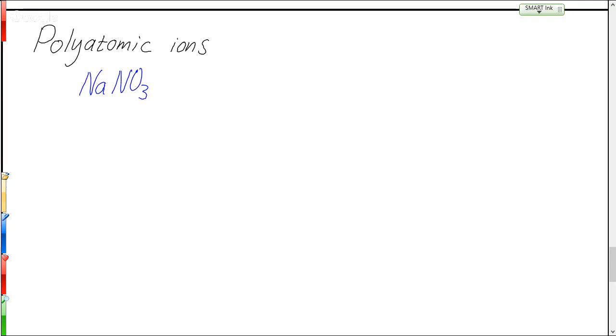We have an ion of sodium and an ion of this whole other part. So this whole thing stays together. This is just one ion.